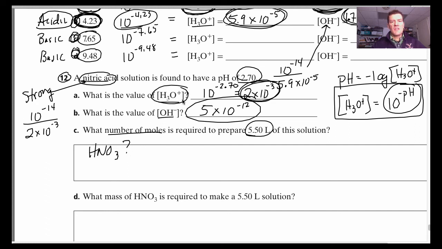Well, this is molarity actually right here. So this is 2 times 10 to the negative 3, and that is moles per liter. And then over here it's asking, how many moles, x moles, would we need if we wanted 5.5 liters? Okay? Well, I'm just going to multiply both sides by 5.5.